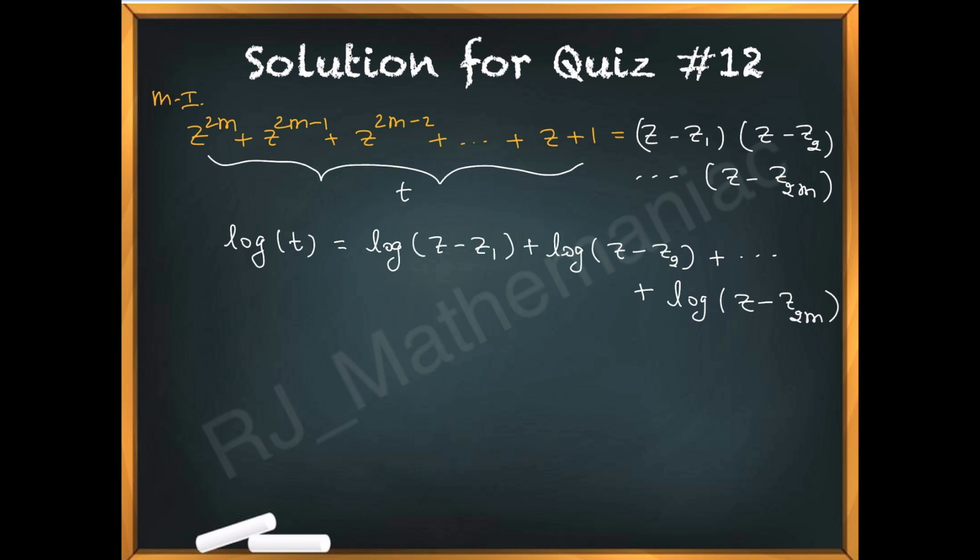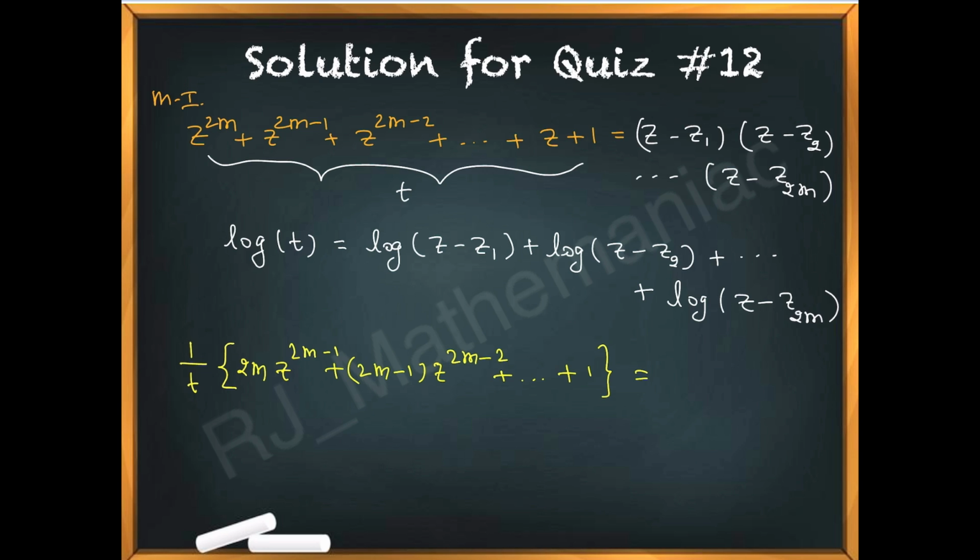Now we need to convert to the denominator. So what is the best way? We can differentiate the equation. If I differentiate, I'll get 1 upon t, times the differentiation of t. You know that it is 2m z^(2m-1) plus (2m-1) z^(2m-2) plus and so on, and the differentiation of z is 1.